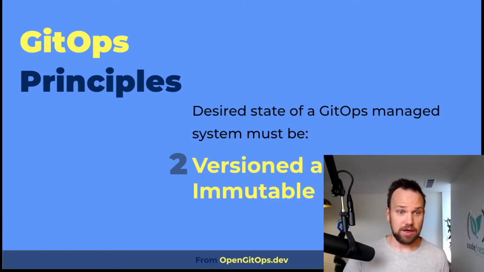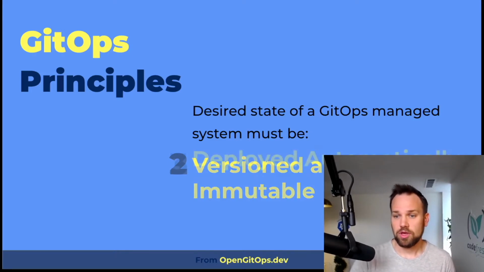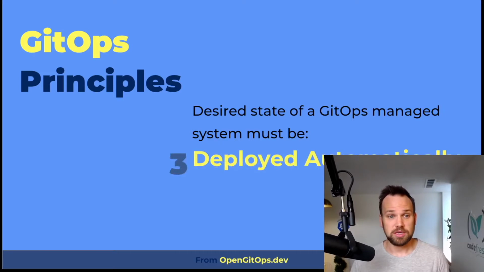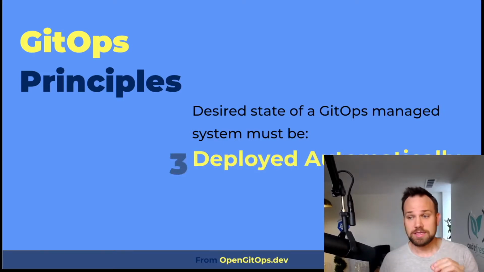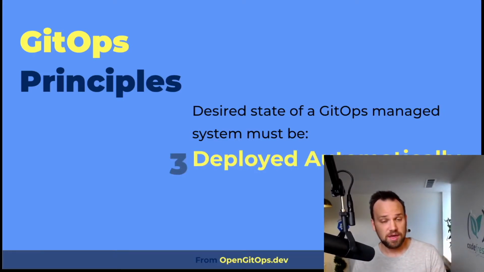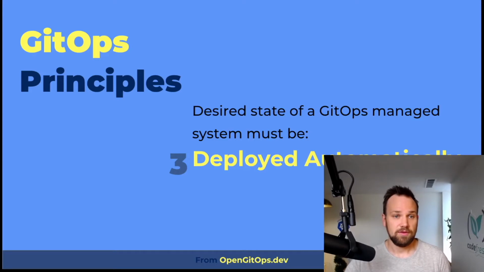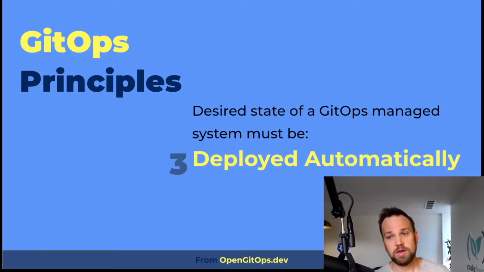Now, we're going to get into how to reconcile that with principle number 3, which is that it should be deployed automatically. So once that desired state is defined and stored in a versioned, immutable way, it should be deployed automatically.